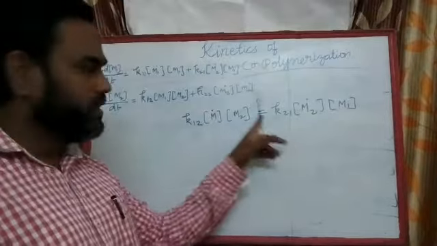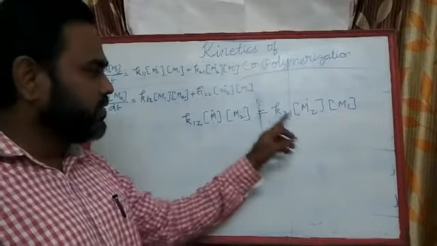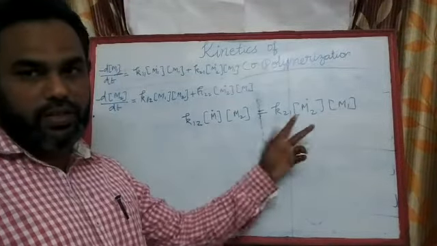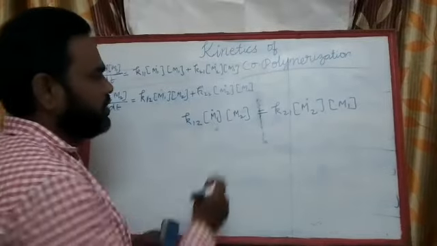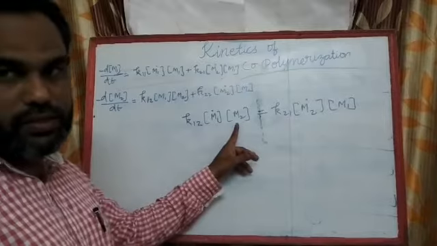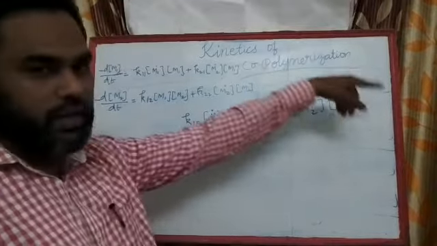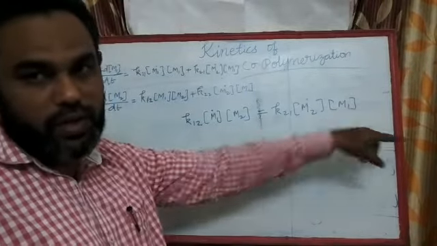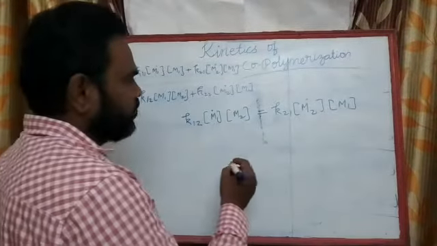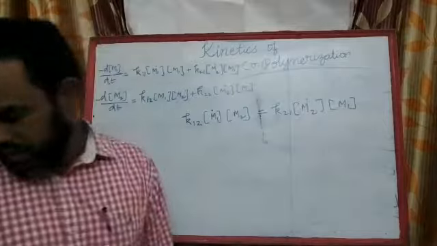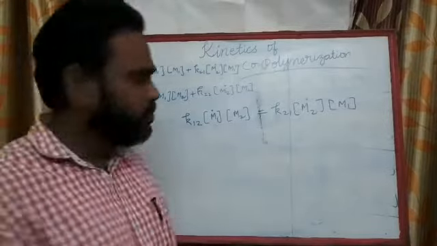If you take these reactions, this is the second step and this is from the fourth step. In these two steps, M1 dot is converted into M2 dot, and M2 dot is finally converted into M1 dot. So I can equate these two and rearrange so that I can find M1 dot.